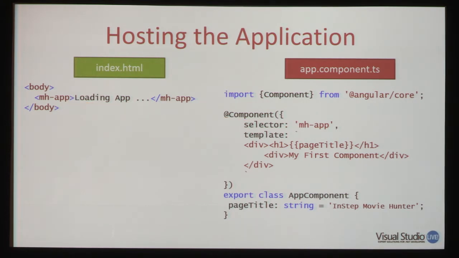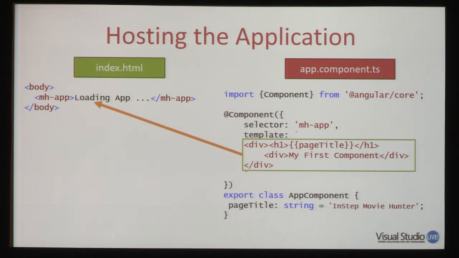So what will happen when the index.html file comes down and loads, it's going to display on the screen to the user, "loading app..." And as the application loads and this app component loads, it then matches up the mhapp on the left with the mhapp on the right, and it displays that template there in between the tags.